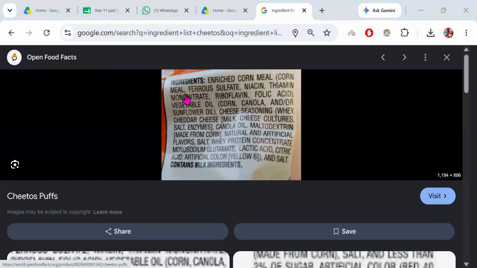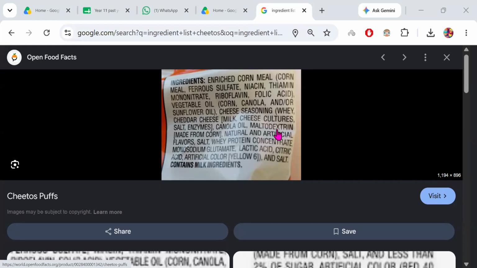Okay. Enriched cornmeal. Ferrous sulfate. You know what's ferrous sulfate? Rust. Iron. Niacin, thiamine mononitrate, riboflavin, folic acid, vegetable oil, canola and wheat, cheese seasoning, whey, cheddar cheese, milk, culture, enzyme, maltodextrin.